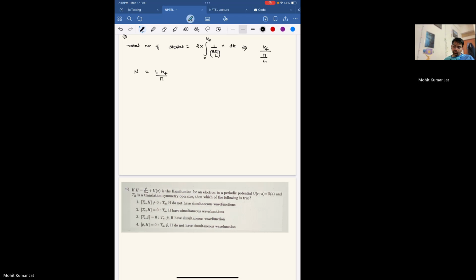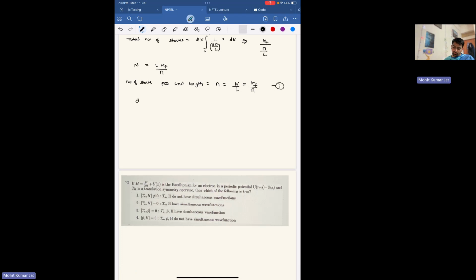So the number of states per unit length will be n equals to N by L, kf by pi. This is my equation number 1.